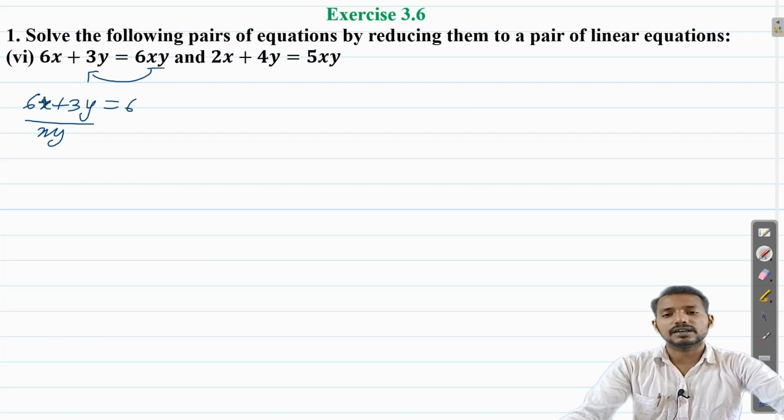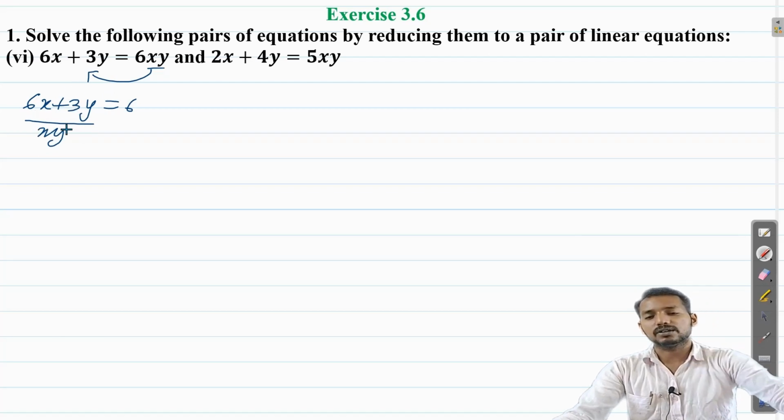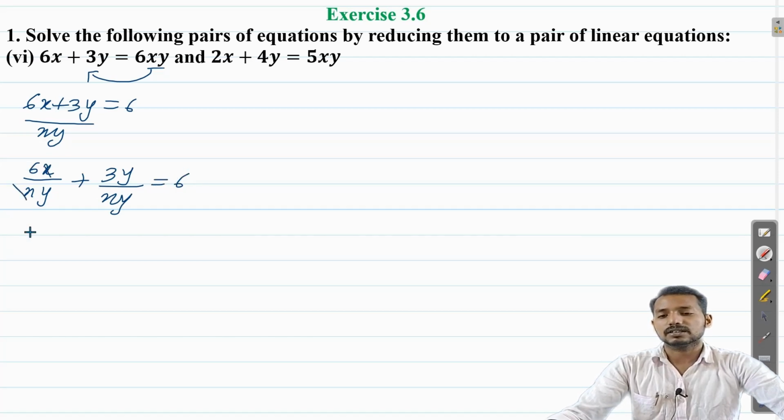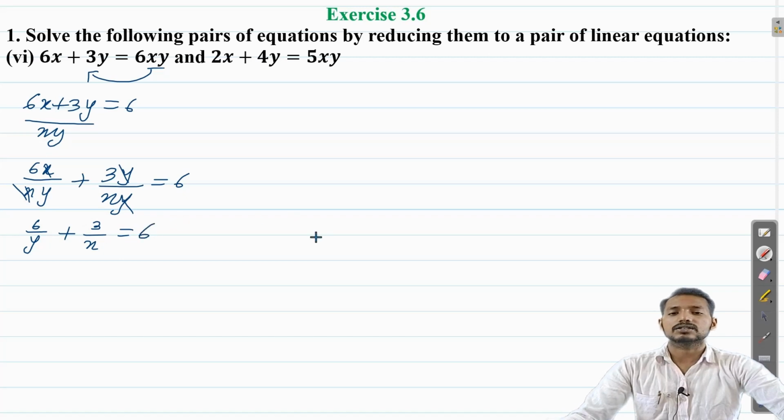Now it is in the form given in option number 5. Again separate the variables: 6x divided by xy plus 3y divided by xy, which is equal to 6. X is eliminated, so we get 6 divided by y, plus y is also eliminated, so 3 divided by x, which is equal to 6.